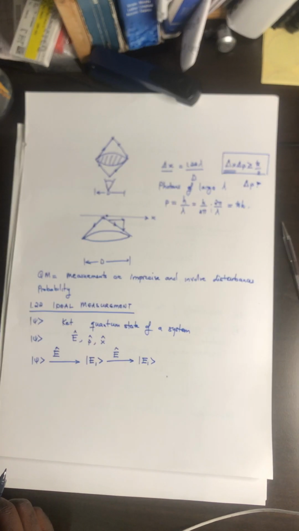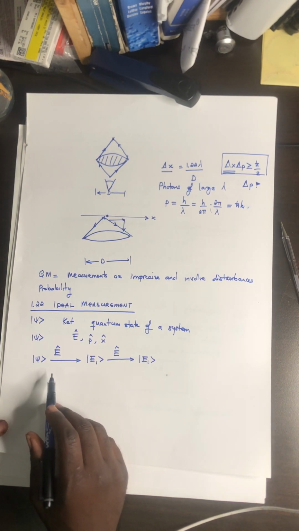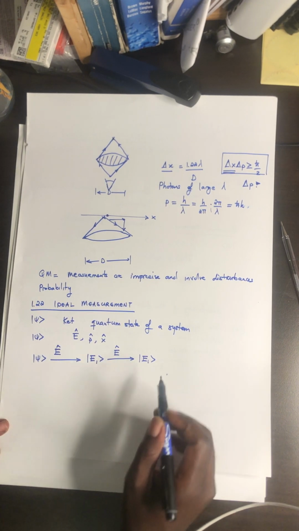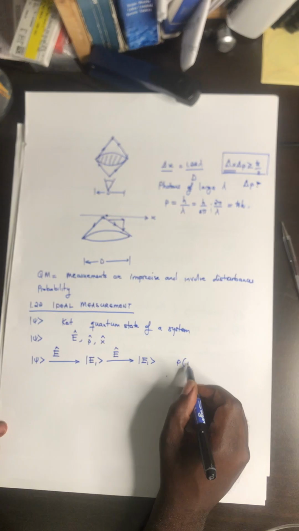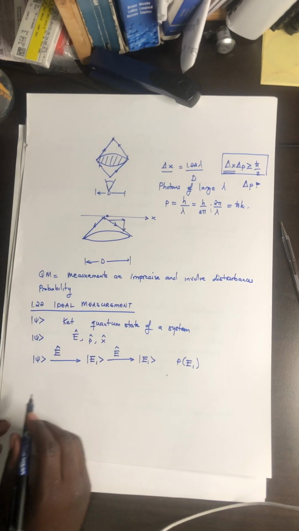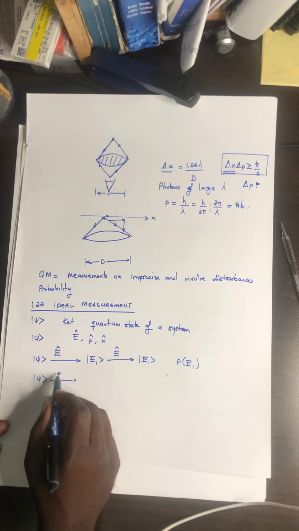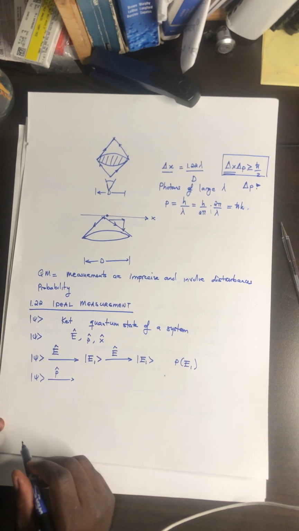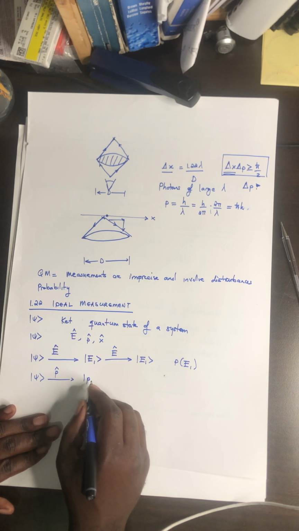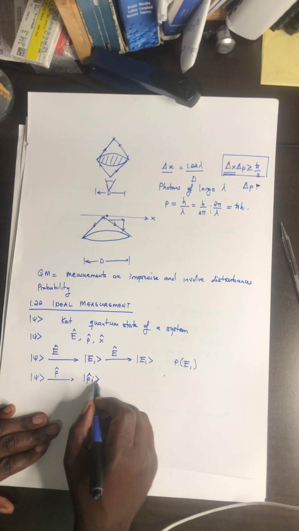So if we repeat the measurement, we are certain to get a particular outcome, and we get this outcome with a probability P(E1). Similarly, if we have a generic state psi and make a momentum measurement by applying the momentum operator, we'll find our state to be in a state of definite momentum, say P1.